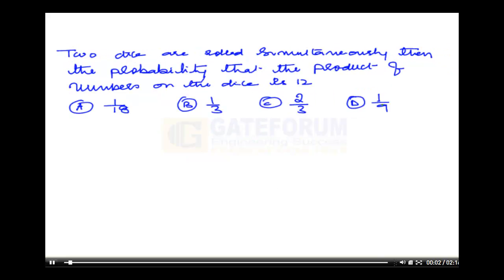In this question, 2 dice are rolled simultaneously, and we have to find the probability that the product of the two numbers on the 2 dice is 12. When 2 dice are rolled, the sample space means the maximum outcomes. Each die can land in 6 ways.